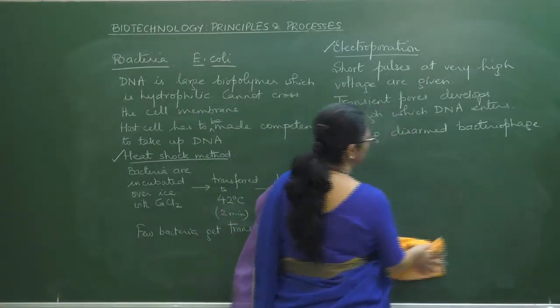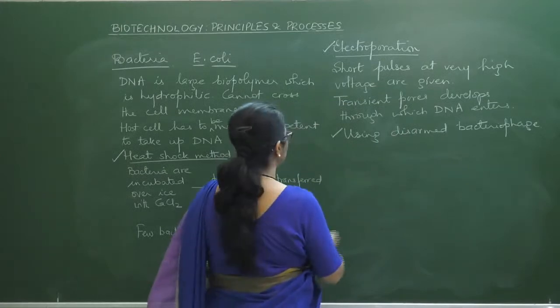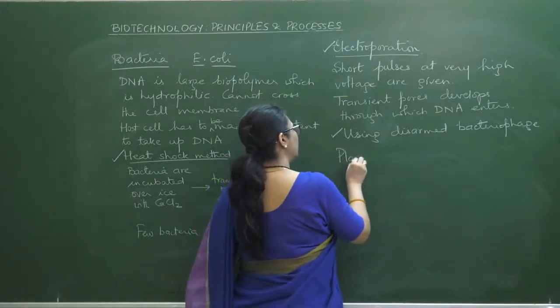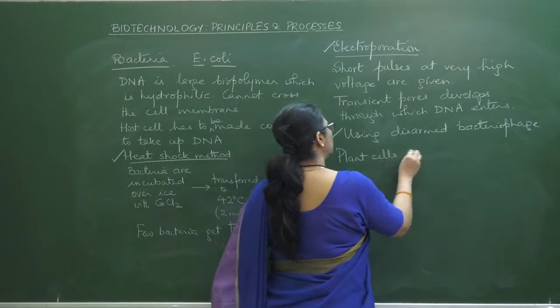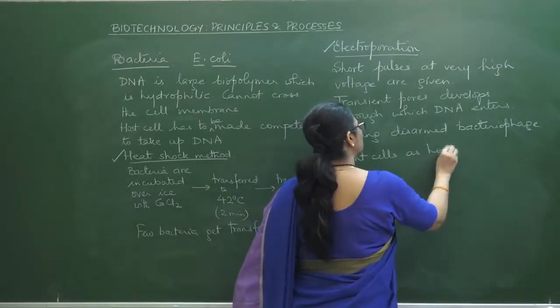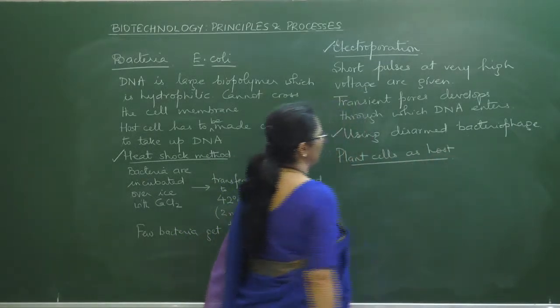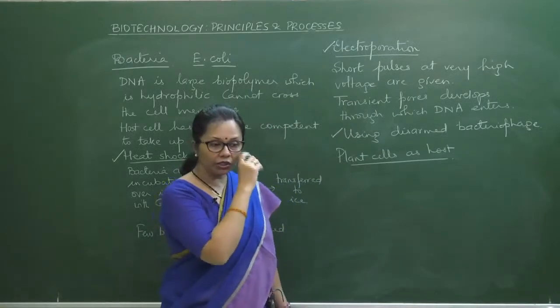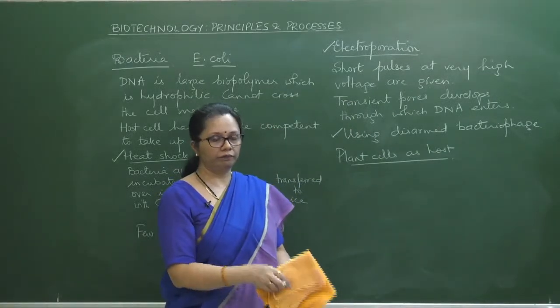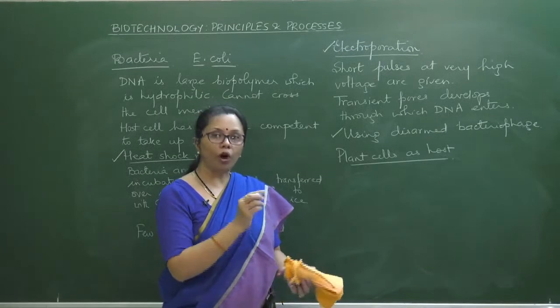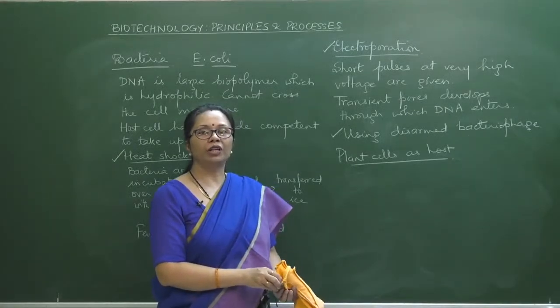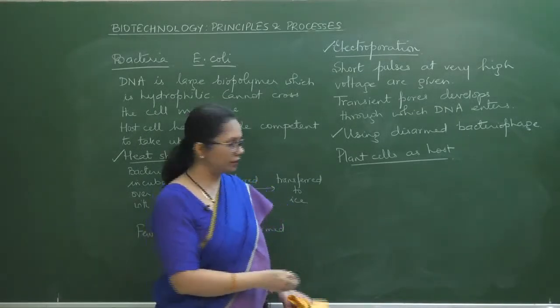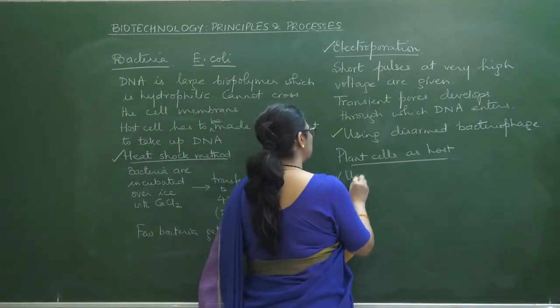Now taking up another one, that is plant cells as host. Now in plant cells, if it is a dicot, then the commonest method is using Agrobacterium tumefaciens.